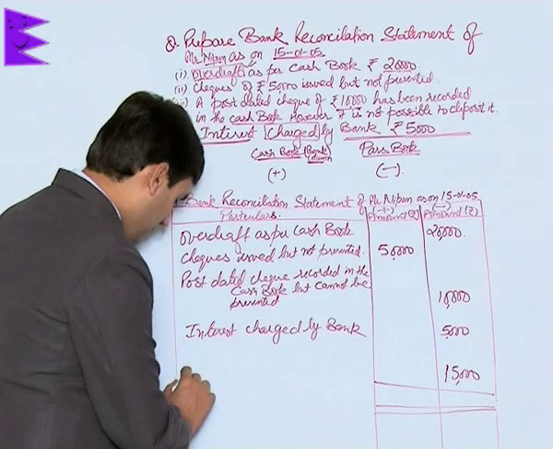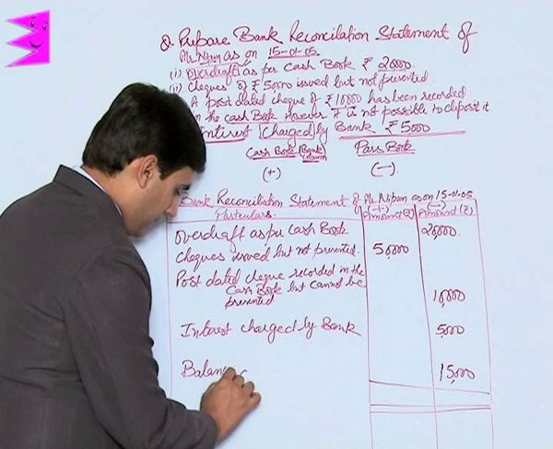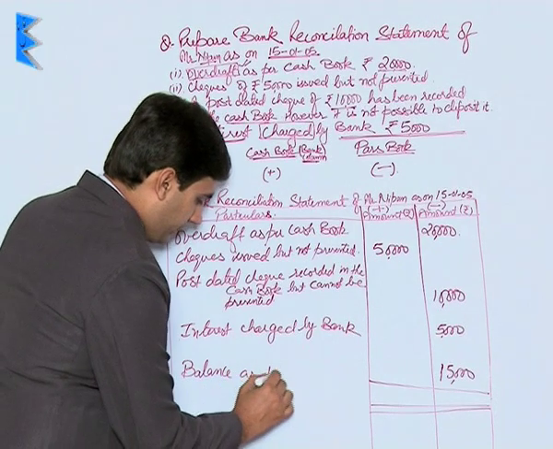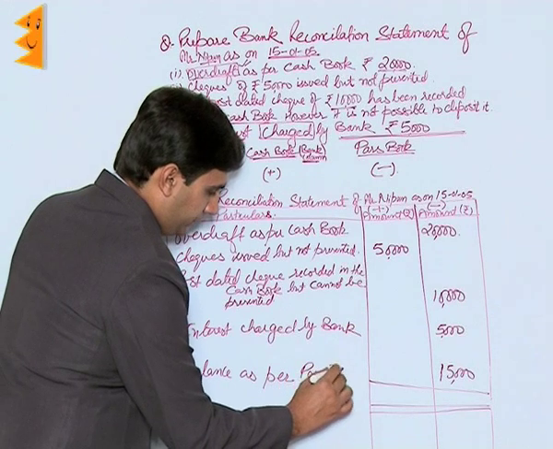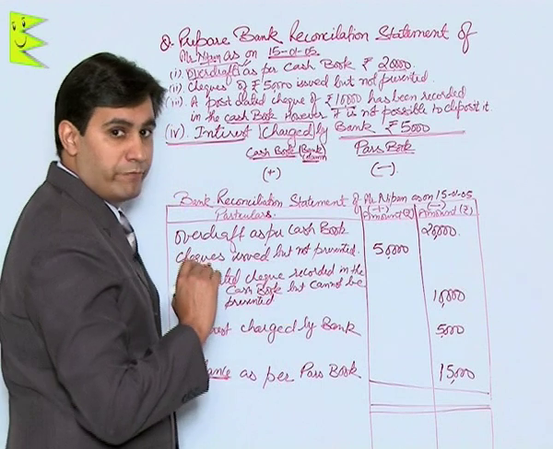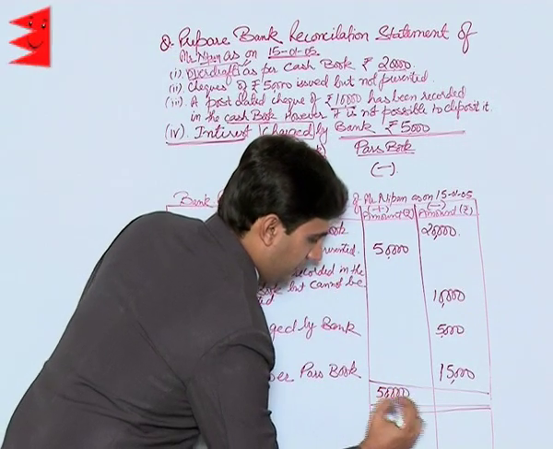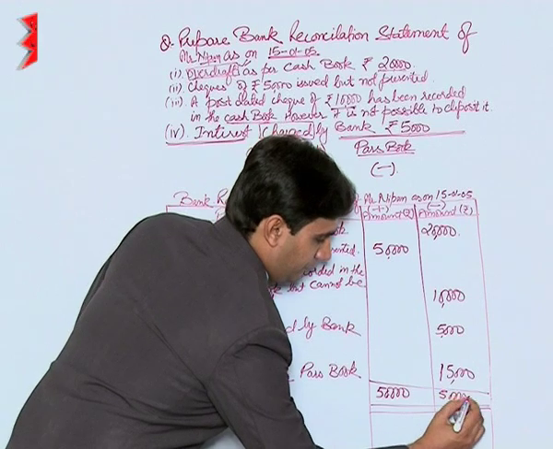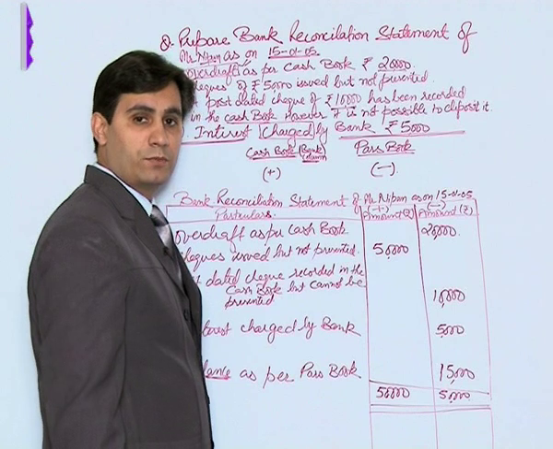So it will be balance as per passbook. Balance signifies that it is a positive balance. Total of both the sides is 50,000, 50,000, and we now have the answer.